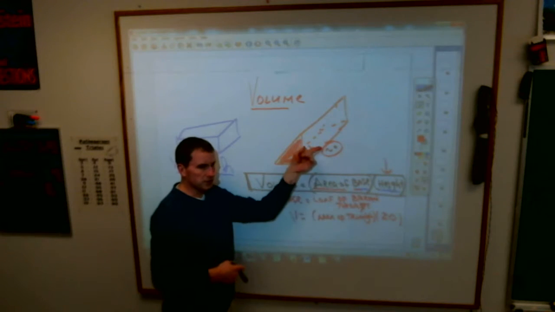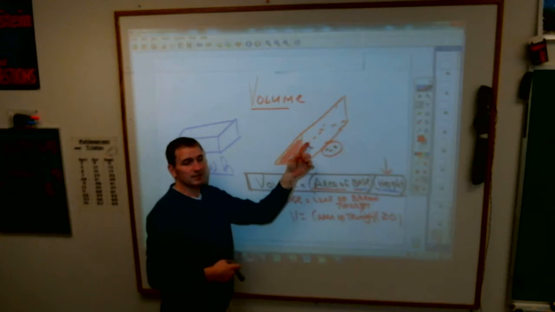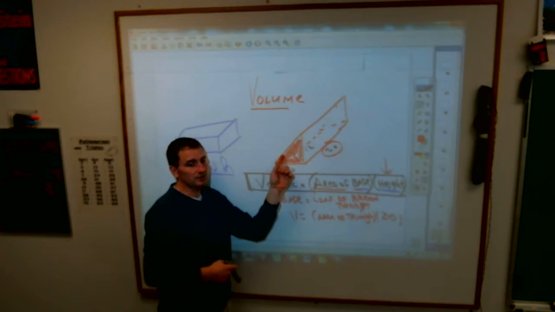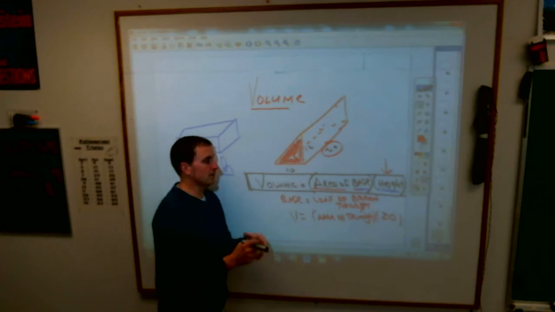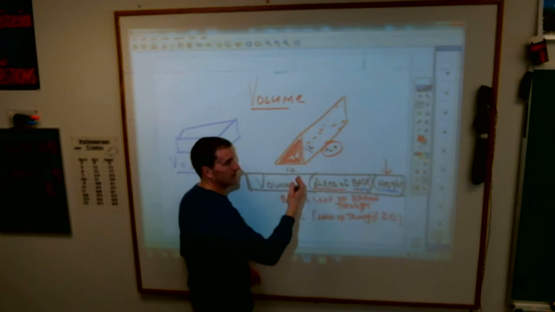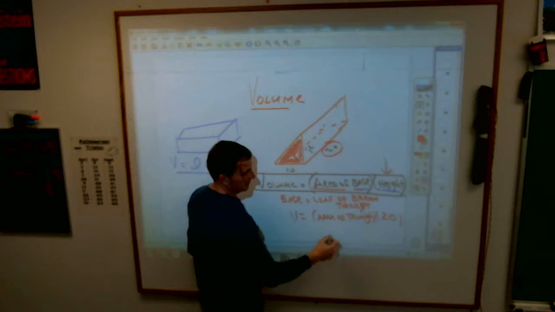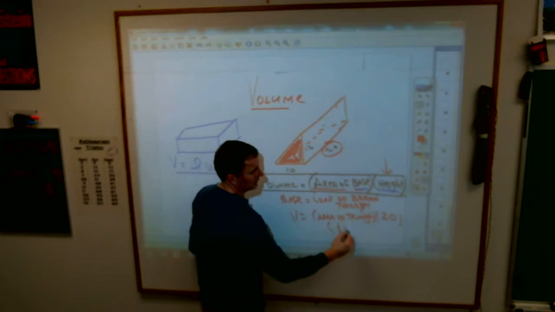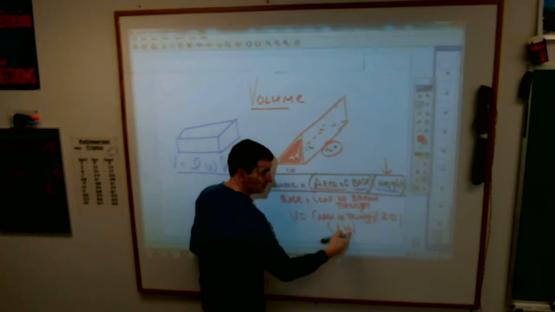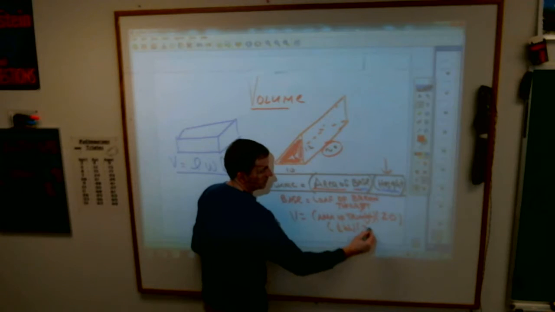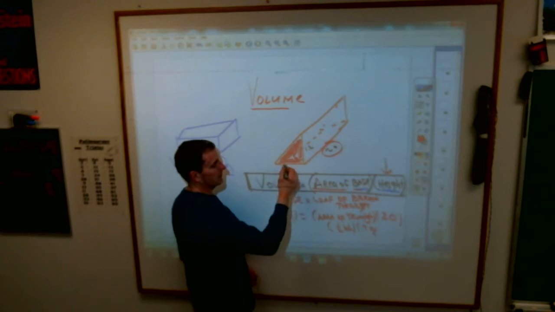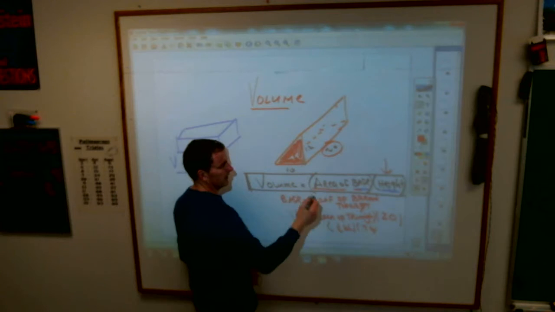There's the height of the prism, but there's also a height of the triangle that you're finding the area of, and they're not the same. The height of the triangle is 12. The height of the prism is 20. You need the height of the triangle to find the area of the triangle. The area of the triangle is 1/2 base times height of the triangle, not of the shape, times 20. The base and the height are these two right here; they form the right angle.